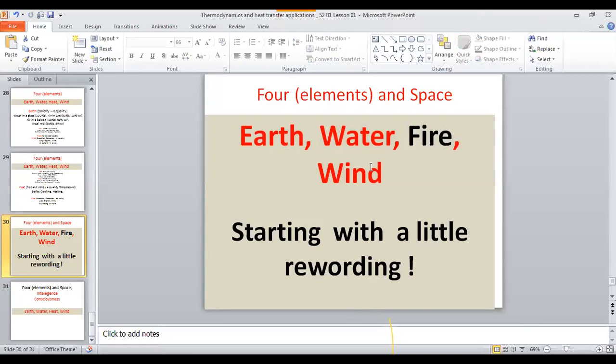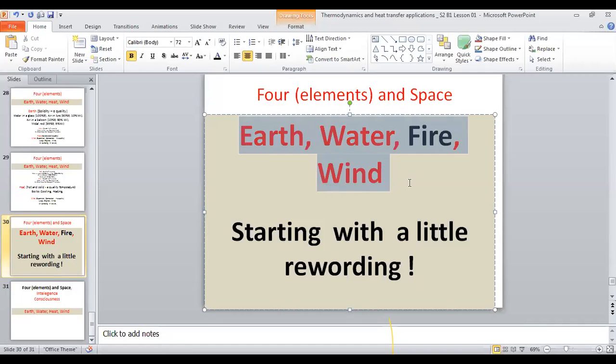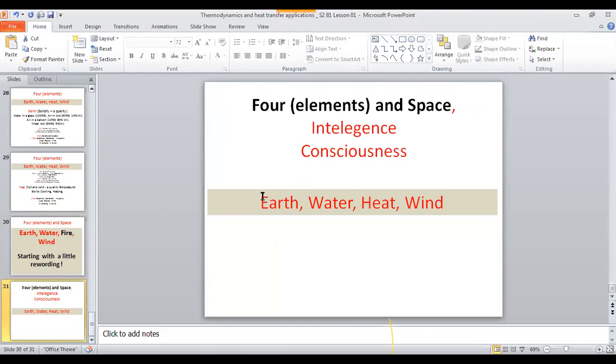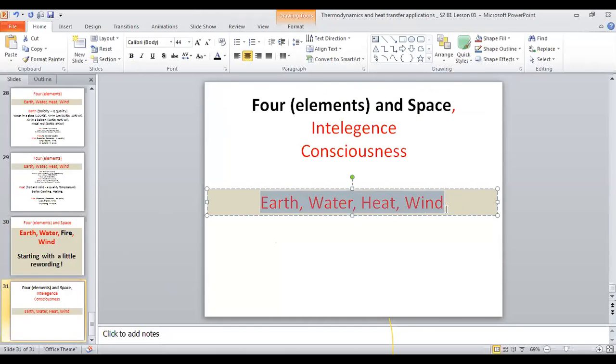Right. So let me reword this. Instead of heat, we would say fire. Four elements: earth, water, fire, and wind. Sometimes fire, the color you cannot see, then it seems like heat.